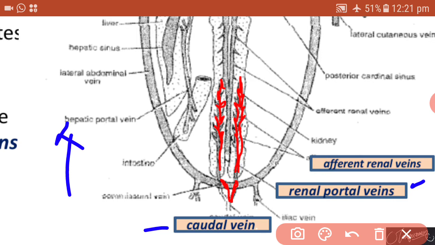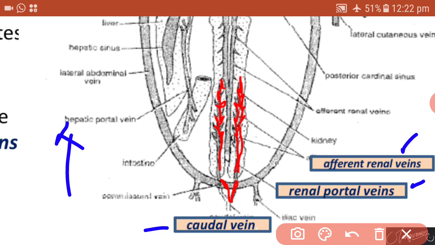The right and left renal portal veins enter into the kidney, and in that region the renal portal vein then branches into afferent renal veins. These afferent renal veins form many branches, divided into many small capillaries in the kidney.